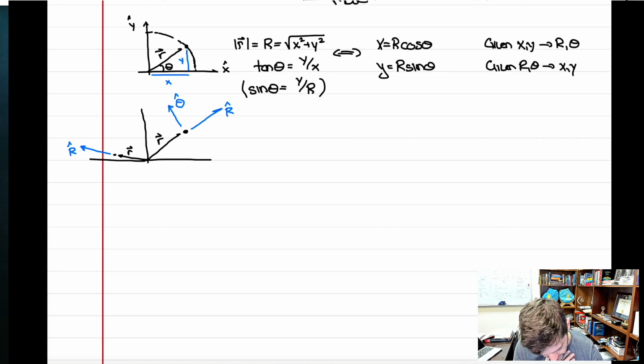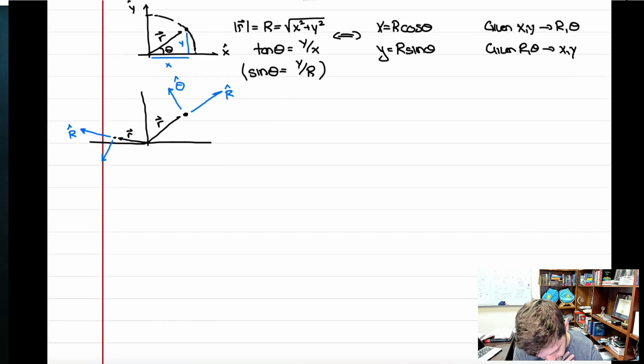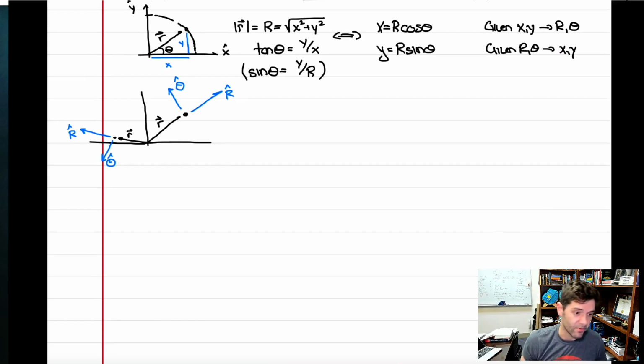And then, by the right-hand rule, the theta axis would point in this direction. So notice in this case, the axes themselves move along with the particle. The unit vectors r hat and theta hat are not constants, or not stationary like x hat and y hat are. So that does make it a little bit more complicated.